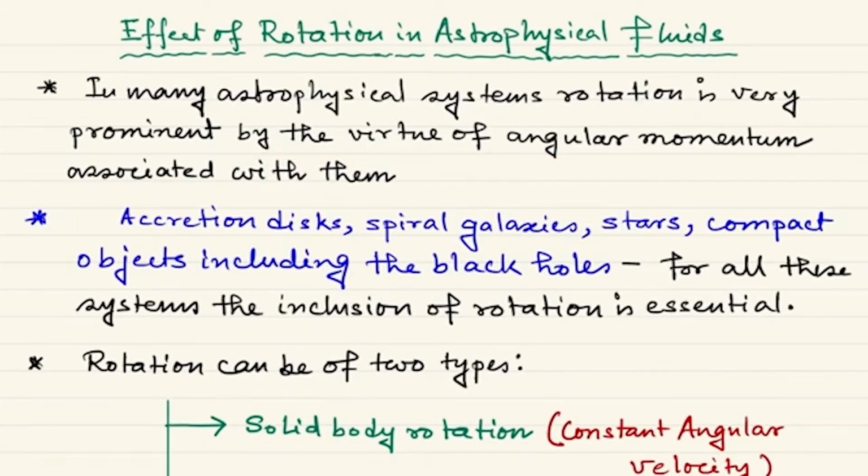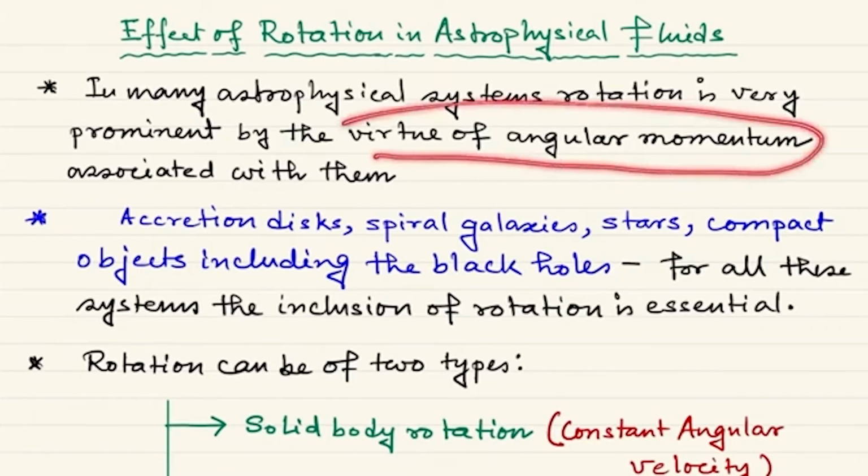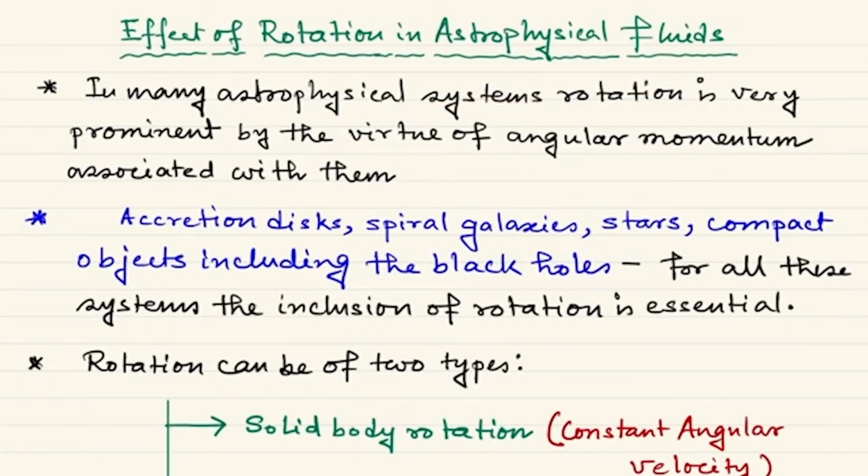There are several methods by which you can calculate the angular momentum of the system, and using that you can infer that the system is undergoing rotation. There are also other techniques by which you can detect rotation, but that is a totally different topic, so if you are interested, you can search on the internet.